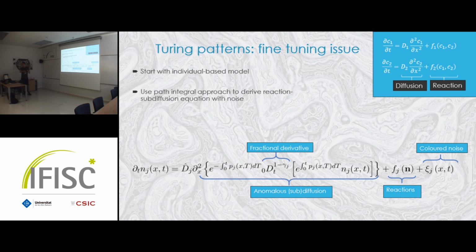They also hop from site to site, but the way that they hop is dependent upon the amount of time for which they've been there. And so having this time-dependent hopping kernel, you get this fractional derivative out, and you have this subdiffusion. So if I were to ignore all the reactions, we would just have a fractional diffusion equation, essentially.